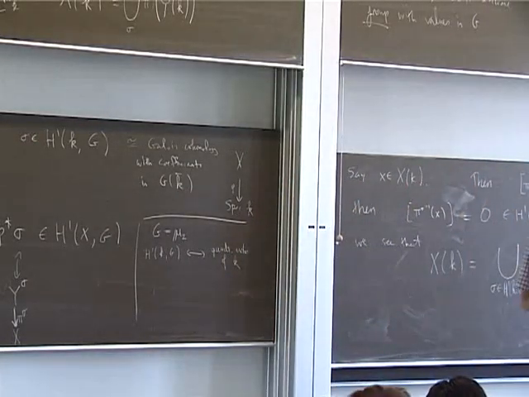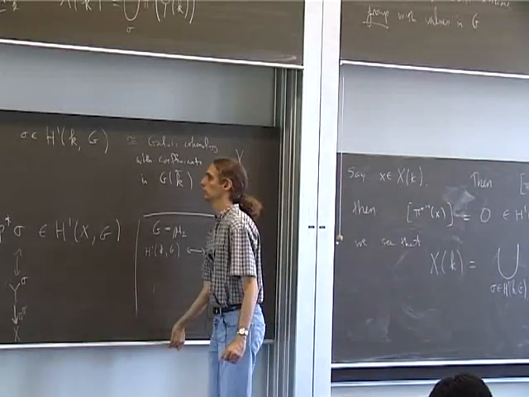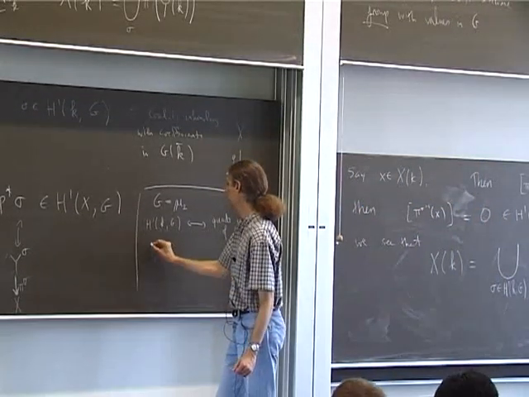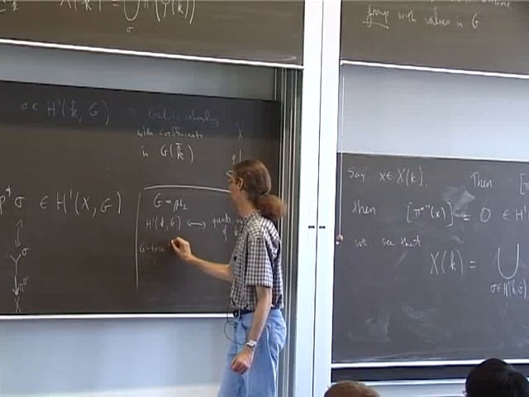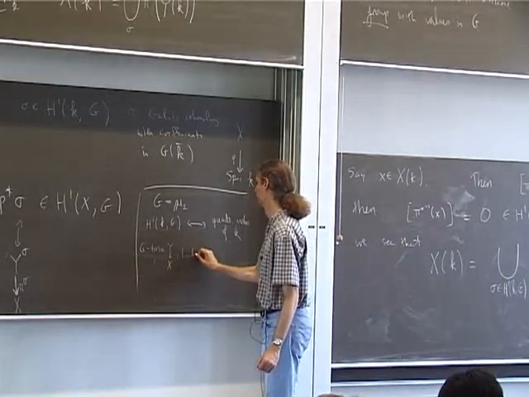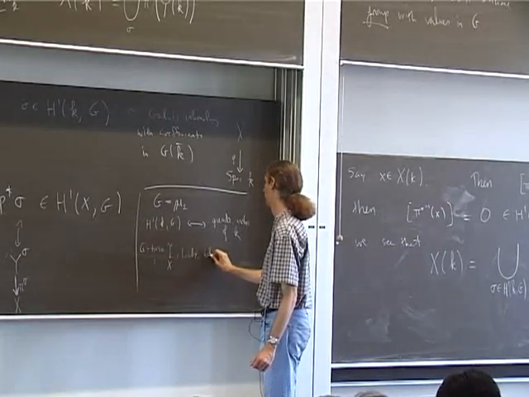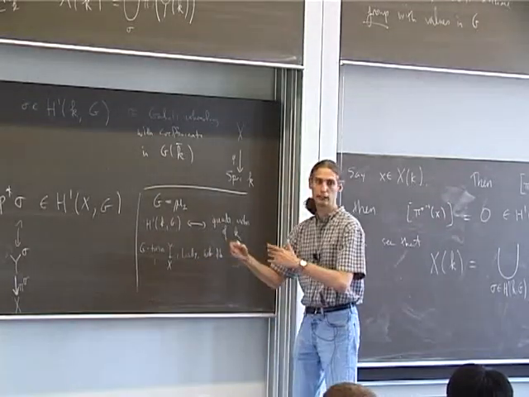And if you have a G-torsor Y over X, at least locally, it looks like you're adding a square root.